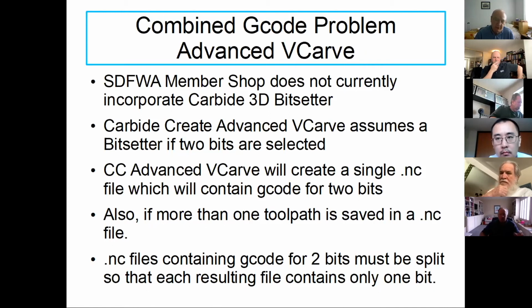The first bit has to be an end mill, a square end mill. I haven't ever tried a ball nose, but it cannot be a V bit. The second tool has to be a V bit. That's the way they designed the program. You can't change those two around. So you have the option of a second tool in VCarve. And if you do have 2 tools, the second tool has to be a V bit.